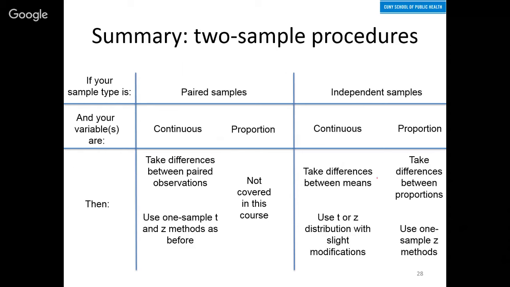But for independent samples, we covered today how you take the differences between the means, and we have these slight modifications for estimating the standard error for the Z and T test. And you can also do this with proportions, taking the differences between those two proportions, but you only use the one sample Z test methods.